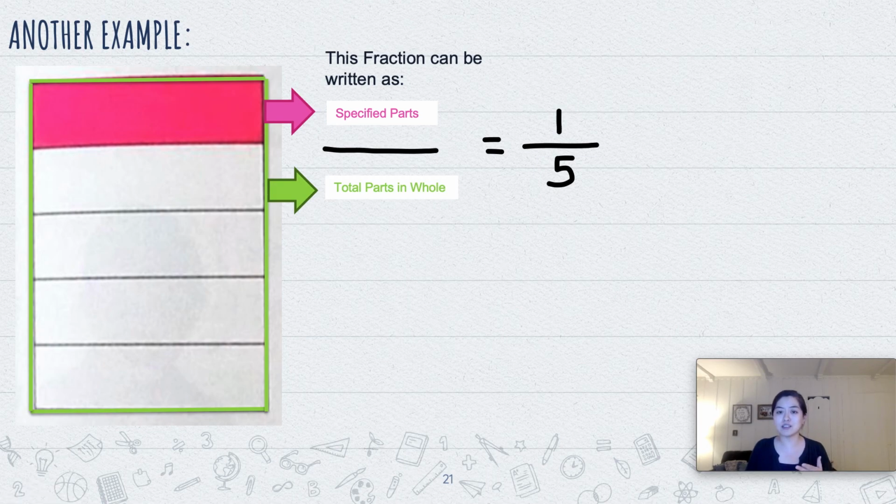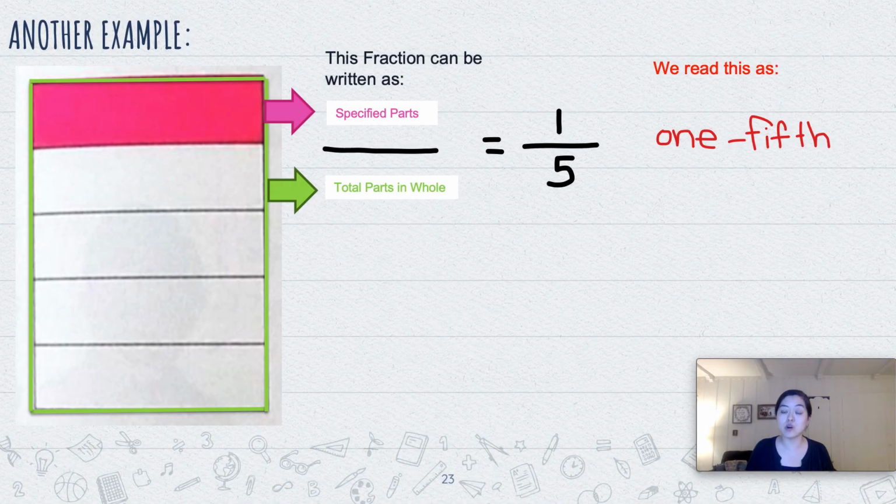And how do we say this? Well, you can say it as 1 over 5 or 1 out of 5, or you can also read this as 1 fifth, where 1 is the top number above the fraction bar, and the number at the bottom, we say as fifth, not 5.